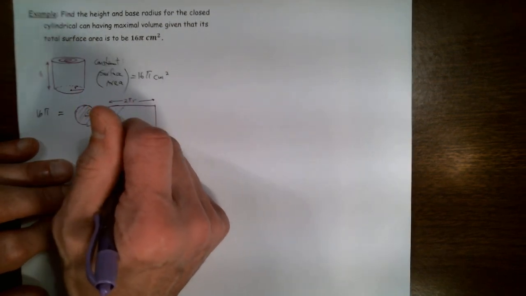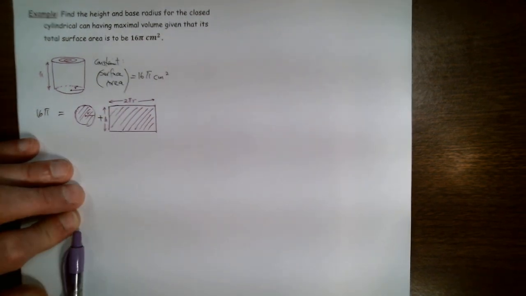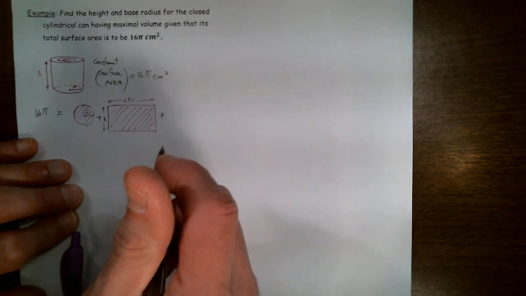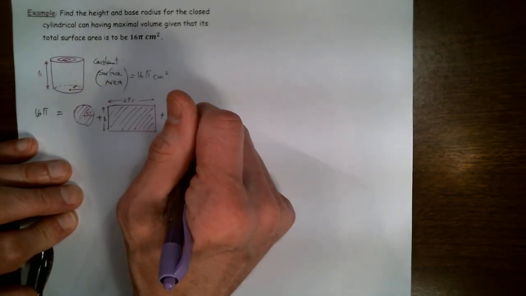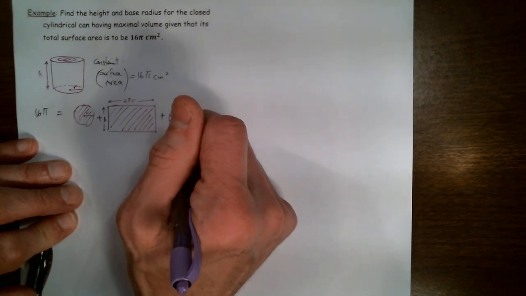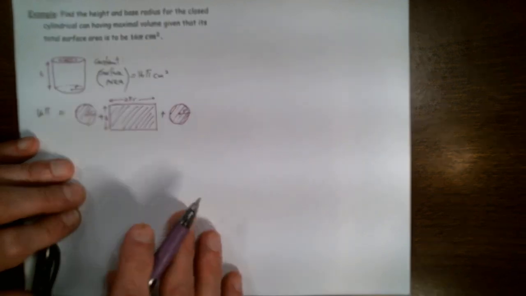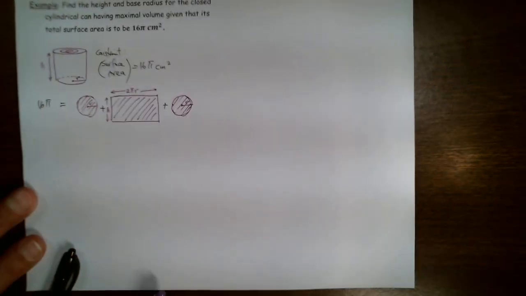So this would be the area of the side of the can. And then, of course, there's the top of the can, which again is a disk having radius r. Adding these three areas together, we must end up with 16 pi square centimeters.